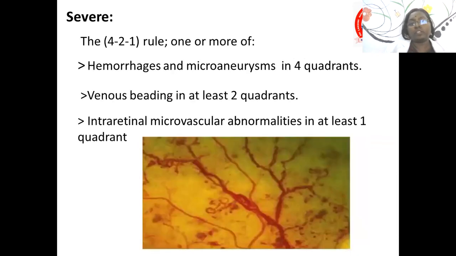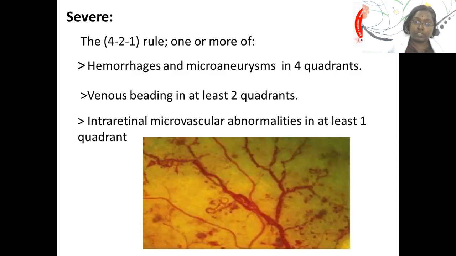In severe cases, the findings can be put as the 4-2-1 rule. 4 represents 4 quadrants: in 4 quadrants, we can see hemorrhages and microaneurysms. In 2 quadrants, venous beading should be there. And in 1 quadrant, intraretinal microvascular abnormalities are seen.